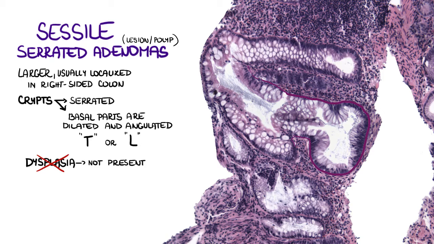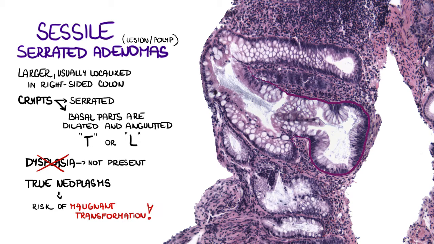However, despite the presence or absence of dysplasia, those lesions are true neoplasms with a risk of malignant transformation. Eventual presence of dysplasia is a sign of progression.